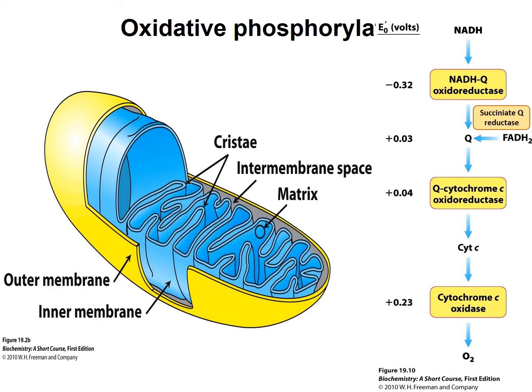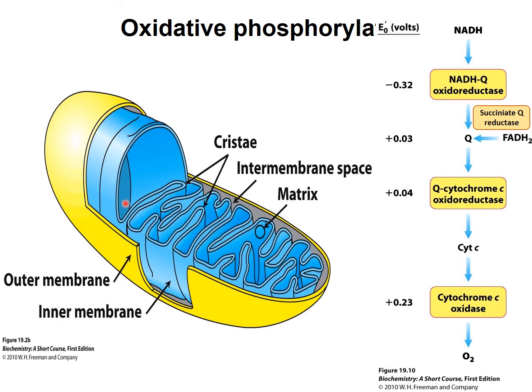Just in case you are not familiar with the structure of mitochondria, they are double membrane organelles, and the space in between the outer and inner membrane is known as the intermembrane space. And in the center, you have liquid known as matrix, which contains all sorts of enzymes and substrates for metabolism.